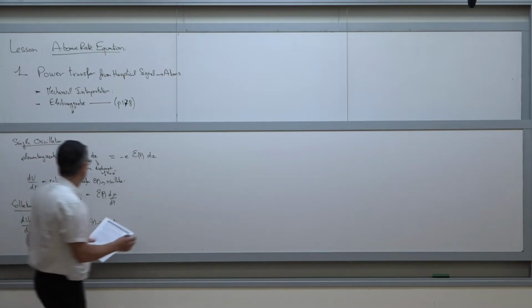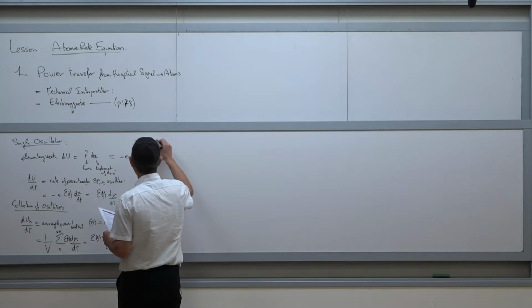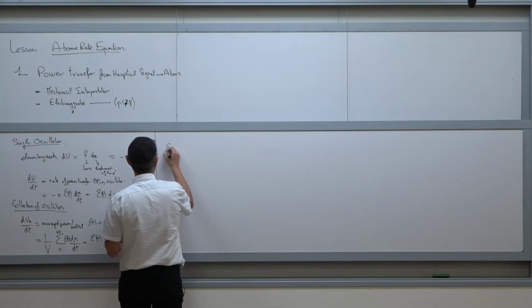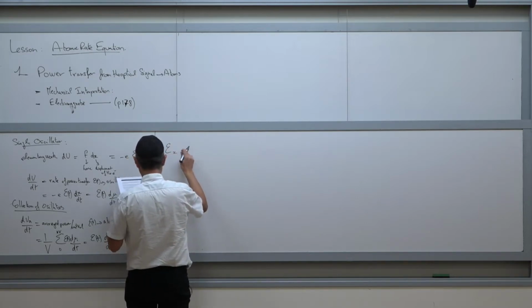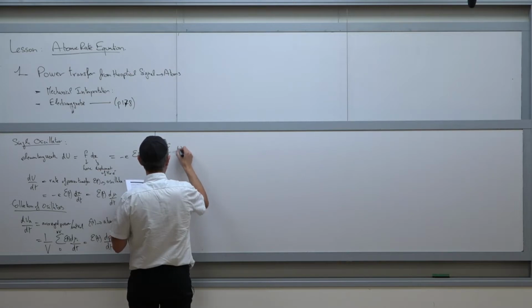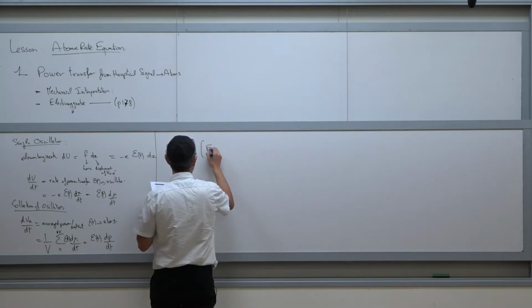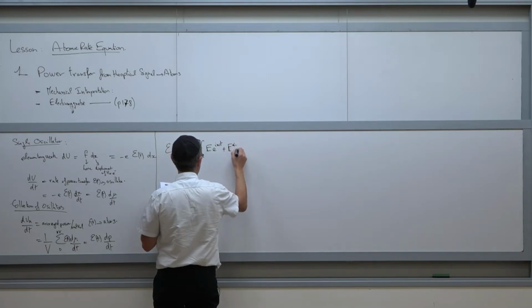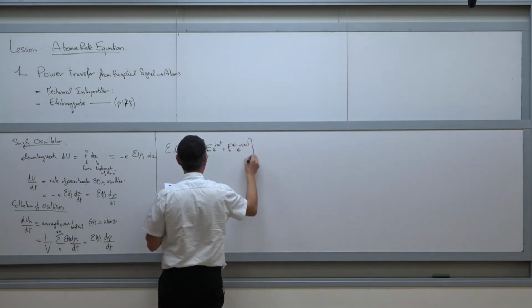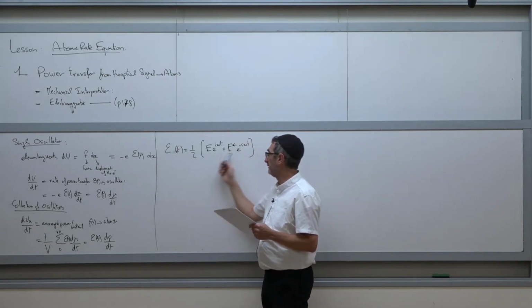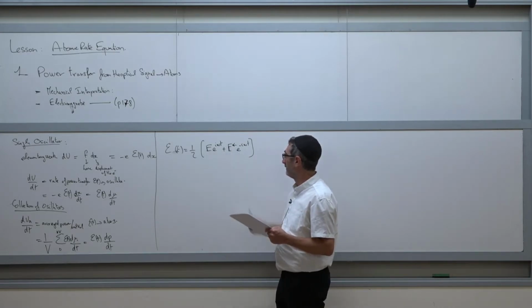What do we know? Let's write the field first as a function of time in the phasor notation. So E of t is the real part of E exponential i omega t plus E star exponential minus i omega t. That's the complex notation for the field. This is a real quantity, while each term here is a complex quantity.